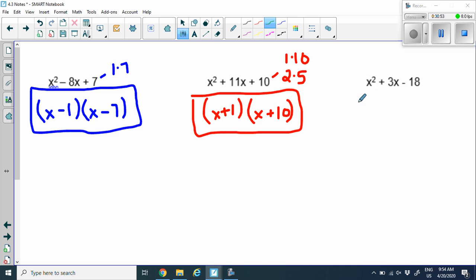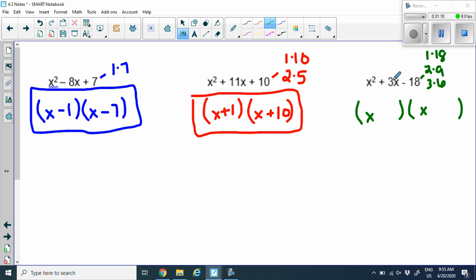And then our last one, I create my two sets of parentheses. Let's list all the numbers multiplied to 18. We got 1 and 18, 2 and 9, 3 and 6, 4, 5. Okay, that's it.